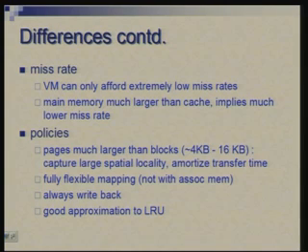Now, another implication of the speed difference is that the miss rate which can be tolerated is much smaller. If you remember the expression for performance, whether you are talking of average memory access time or effective CPI, you have a factor which is miss rate multiplied by miss penalty. What we want is that miss rate multiplied by miss penalty should be small enough.